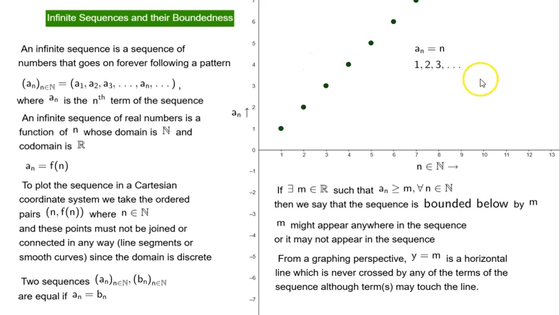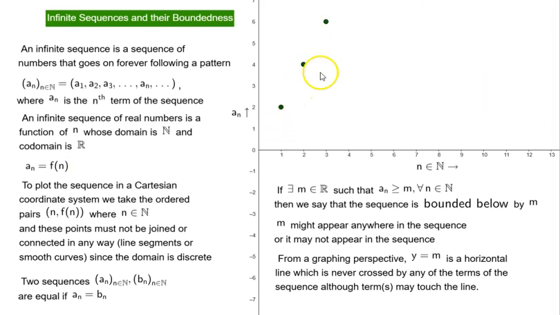So our sequence is 1, 2, 3, 4. So here you can clearly see that it is bounded below by 1. None of the terms go below 1. And it is unbounded above. So as n goes to infinity, the term also goes to infinity.